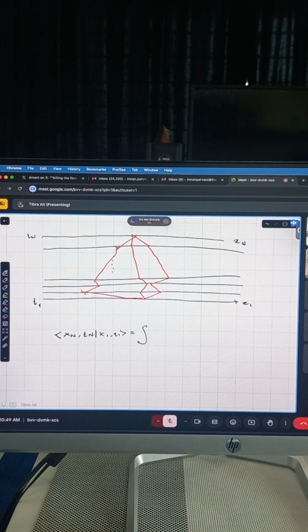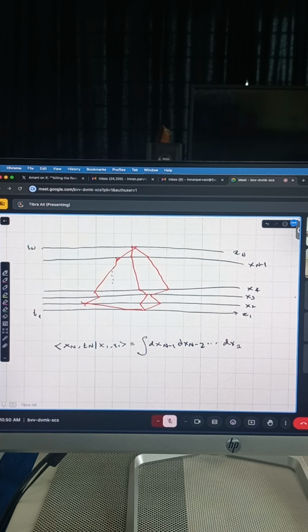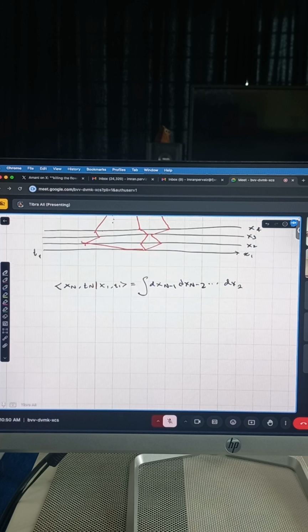So we have dx2, that is over here, then x3, x4, up to xn minus 1, so maybe write it like dx n minus 1, dx n minus 2, dot, dot, dx2. And here we have got the propagators that are for the small time intervals.